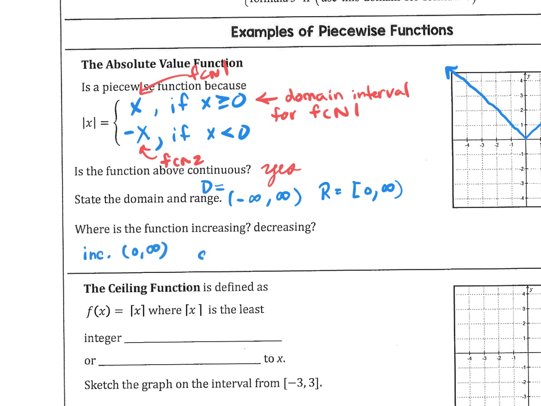Now, where is it decreasing? Where is it going downhill? Negative infinity to 0. So on this side, over here, it is going downhill until it gets to 0, and then it flips and begins to go uphill. So from negative infinity to 0.